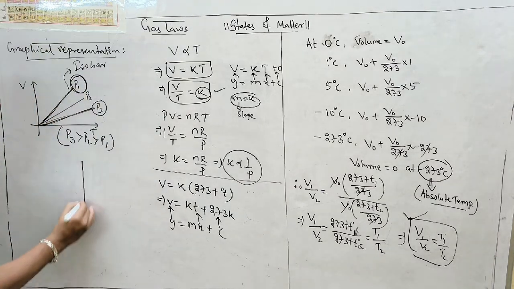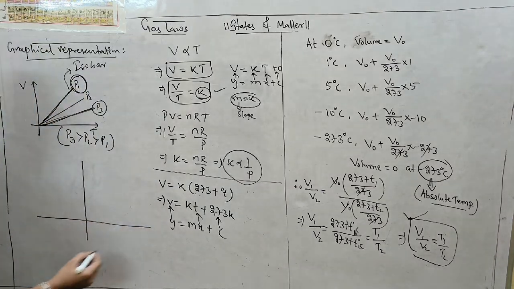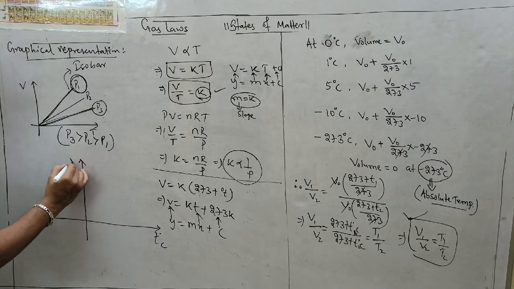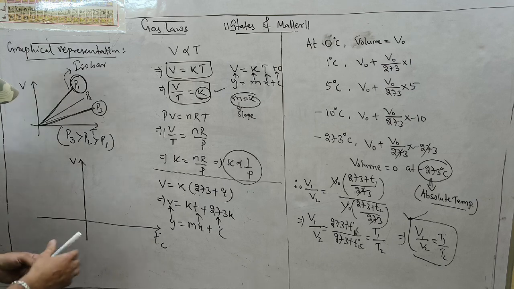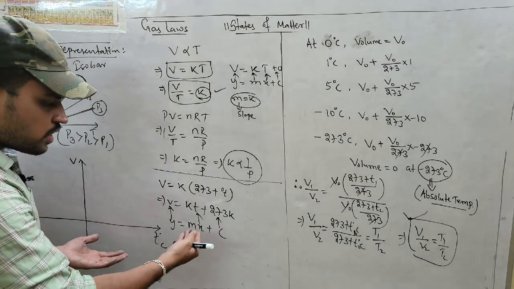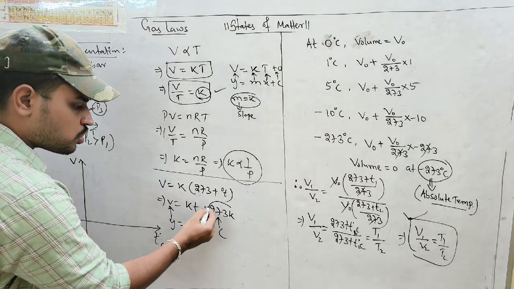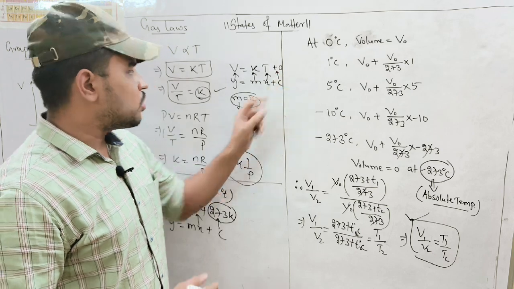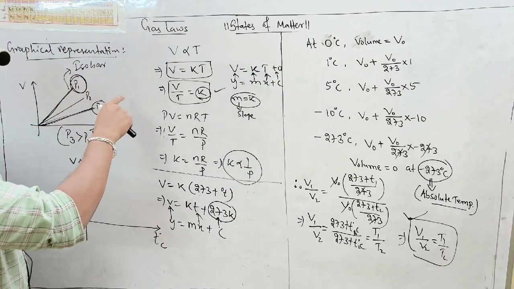So what you have to do is draw a graph like this, with temperature in degree centigrades on one axis and volume on the other. Since we have equated it with a straight line, the graph will be a straight line, no doubt, but it is not going to start from the origin. In the earlier case the y-intercept was 0, that's why the graph started from the origin.